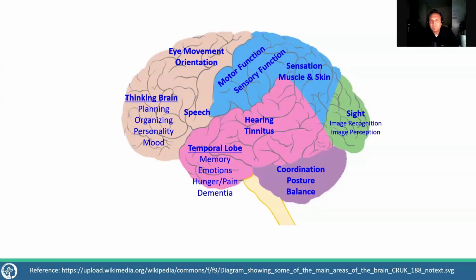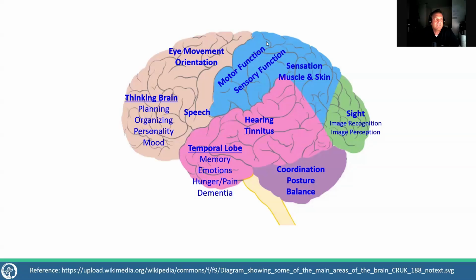But they would touch an area of the brain and say, where do you feel that? Oh, I feel that in my thumb. Well, where do you feel that? Oh, I feel that on my foot. Well, they're touching the brain right here in this sensory lobe. And so that's where they say, wow, the sensory function of the brain is right here in this area. So maybe neuropathy plays a role in the basal ganglia of the sensory function.